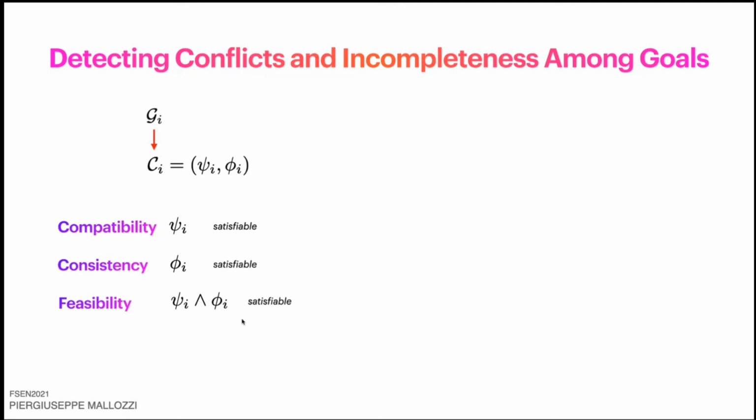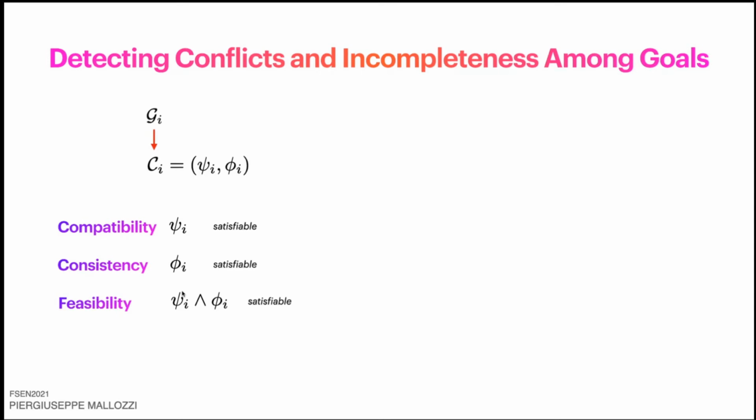This is not strictly related to the contract, but we want to check that there exists at least one implementation that does not violate the assumptions. Because obviously every implementation that violates the assumptions is a valid implementation, but it's not the one that we're looking for.